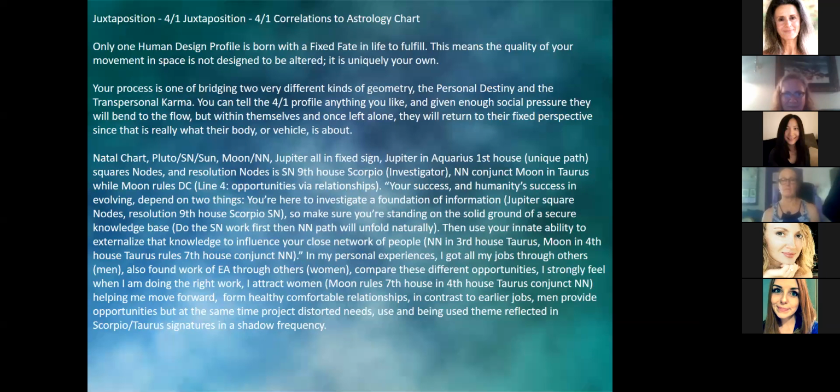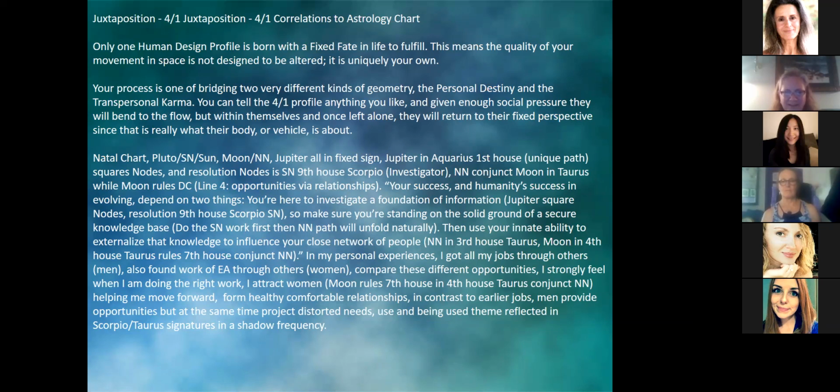So in evolutionary astrology, the resolution node is where you have to focus on to work first. Then the North Node in Taurus lesson would naturally unfold. So I quote from here, it says, your success and humanity's success in evolving depend on two things. You are here to investigate a foundation of information. I feel that strongly correlates to the Jupiter squaring nodes.